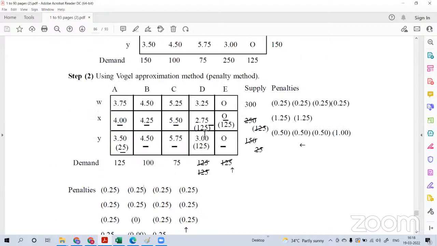Now we can go further with the Vogel approximation method, the penalty method. The penalty means the highest. What is the least? Sorry, the least is how much? No, 0 will be there. Next least is 3.25.